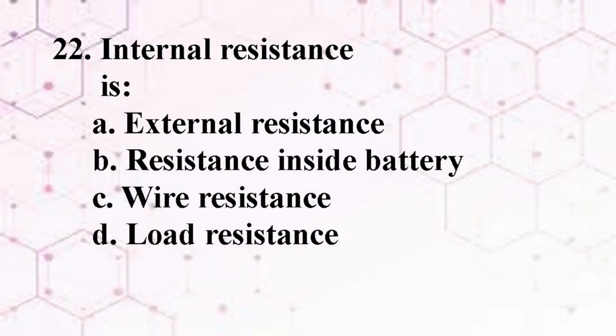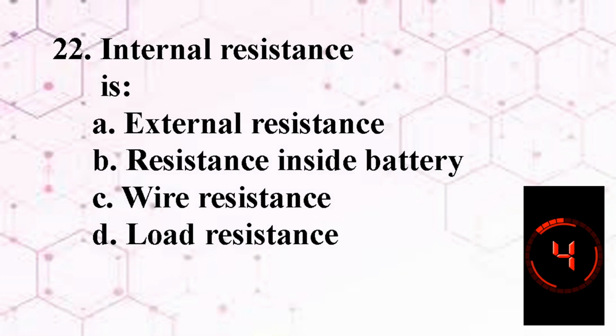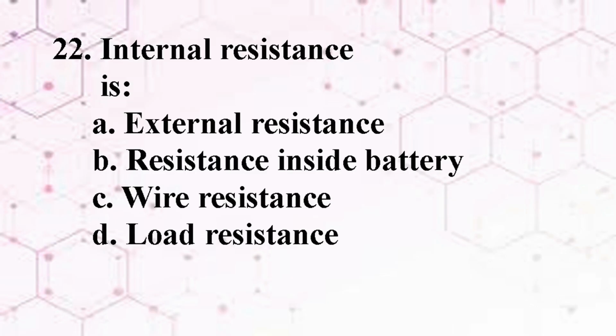Question number 22. Internal resistance is A external resistance, B resistance inside the battery, C wire resistance, D load resistance. The correct answer is B, which is resistance inside the battery.